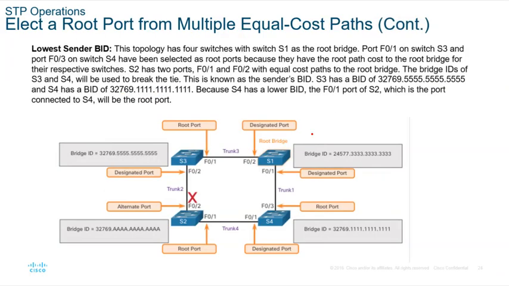So here we have an example. Lowest sender bridge priority, ID, lowest sender. Now with the lowest sender, when you look at this, we have this switch here, switch 2.